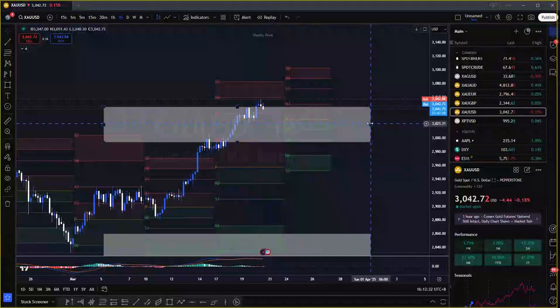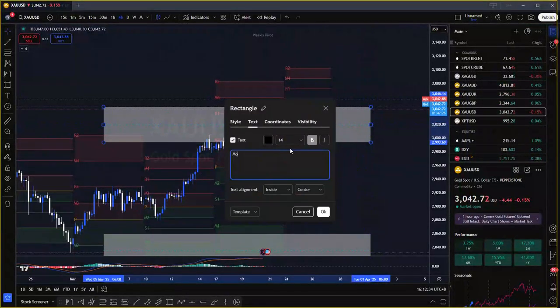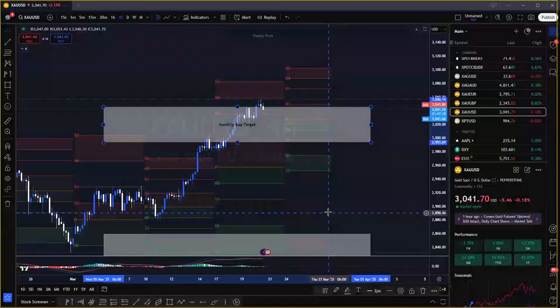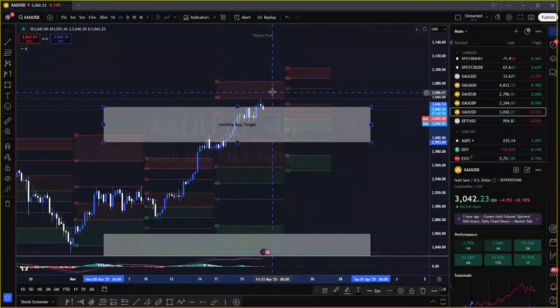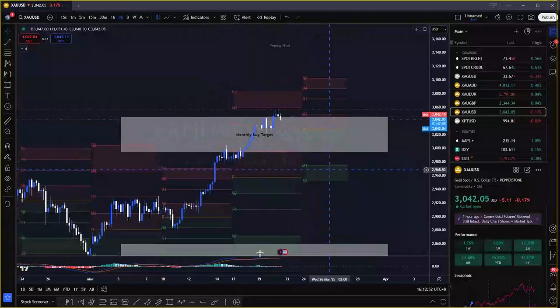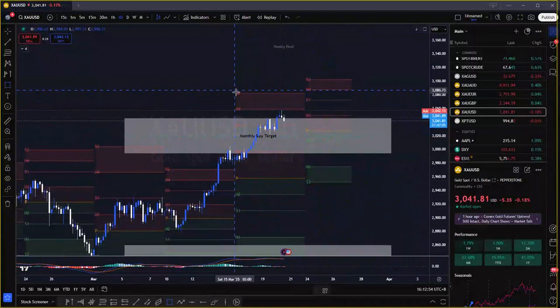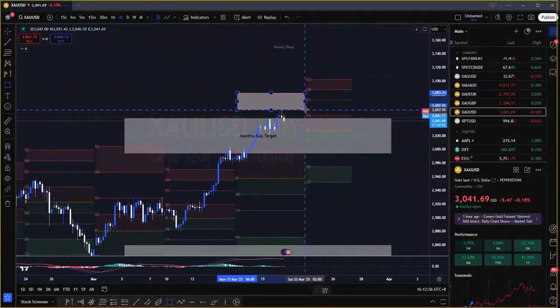So again, this was the monthly buy. A buy target means this is where, if you were in a position at the start of the month, you want to take profit. So we are in a take profit zone, but prices are continuing in the upward trend. Okay, so we have a new target here for the week.